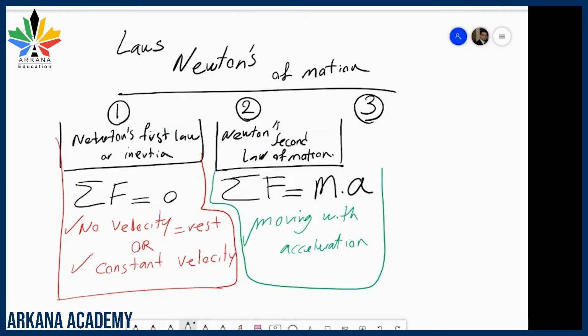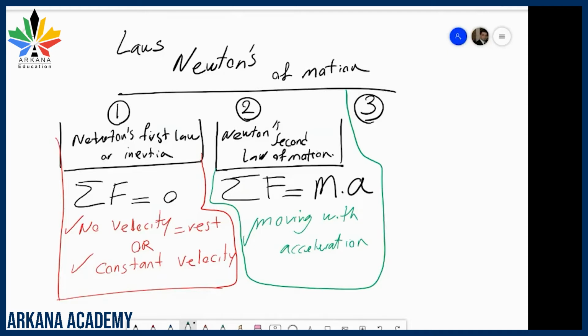So in any case that we have an acceleration in our movement, we right away say that this is the second law of motion, and we need to consider that category. So this is a decision we have to make right in the beginning of solving and tackling our question.